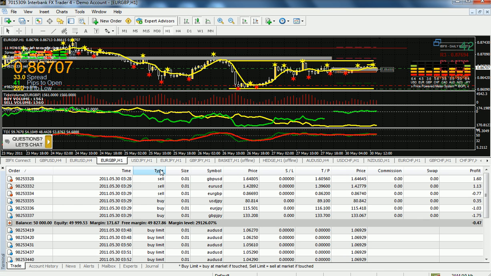So we have a total of 3 buys and 3 sells, and you notice that is the way they go: the 3 buys, the 3 sells. There's the JPY group, the sells are the buys, and the US dollar as sells.